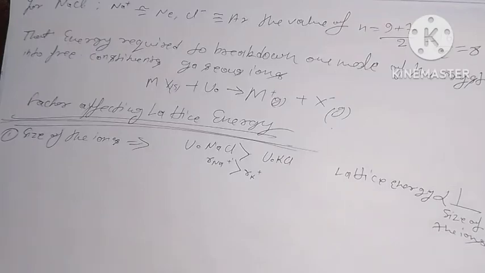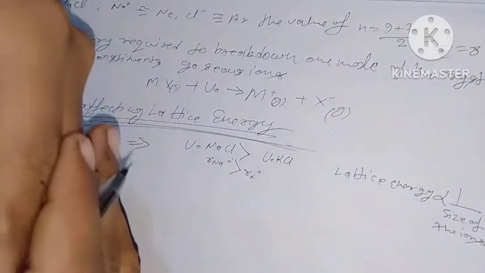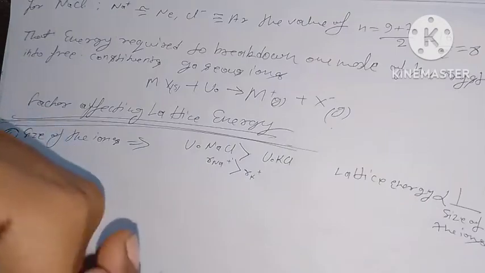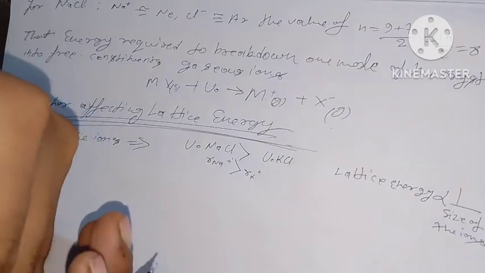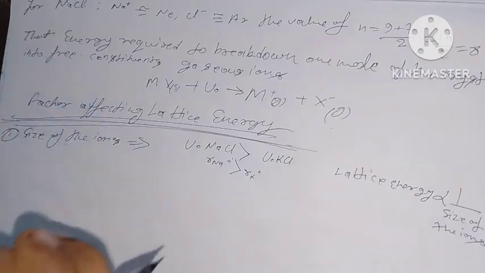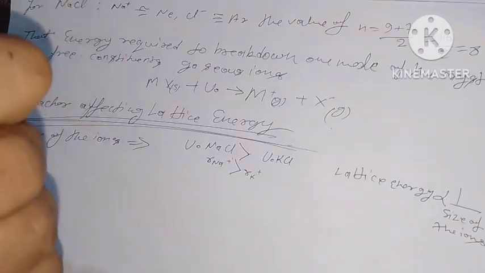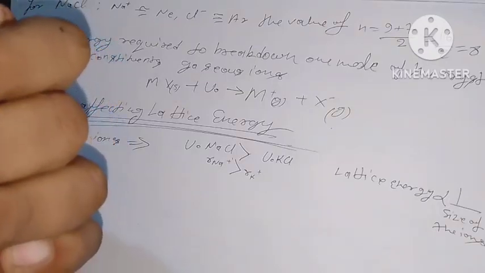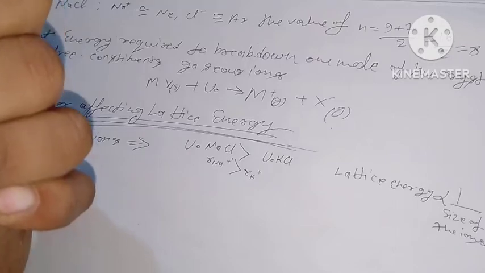That means it varies inversely as the internuclear distance between the oppositely charged ions in an ionic crystal. Thus, the larger the size of the ions, the lower will be the lattice energy.